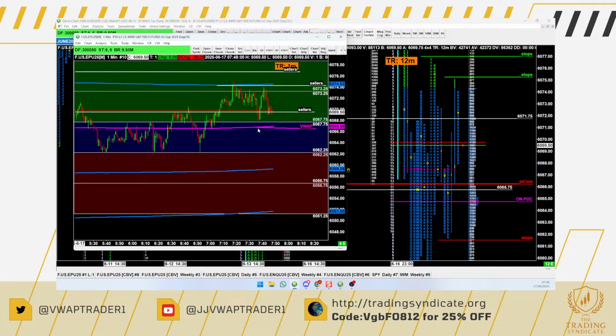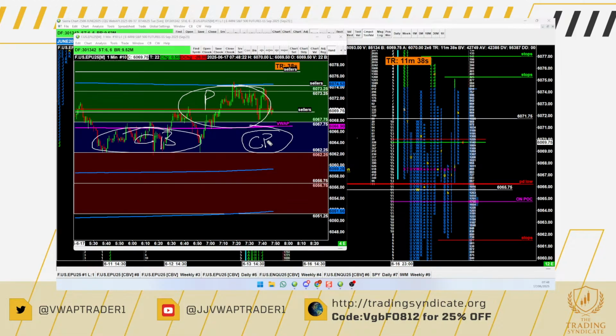So how markets work is large traders accumulate under VWAP, and we distribute above. And when we put it on sale, we'll come back to our cost basis. So that's profit and that's back to cost basis.